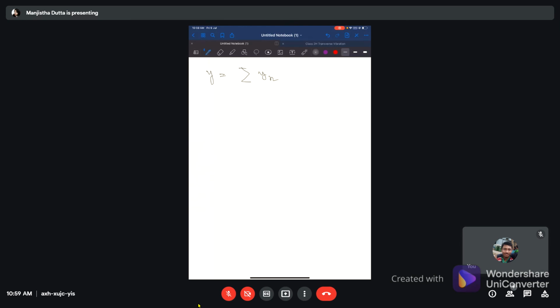Okay, so superposition of all the modes, so we can take n equal to 1 to infinity. Okay, so this is summation of n equal to 1 to infinity, then sine n pi x by L, then cn cos.